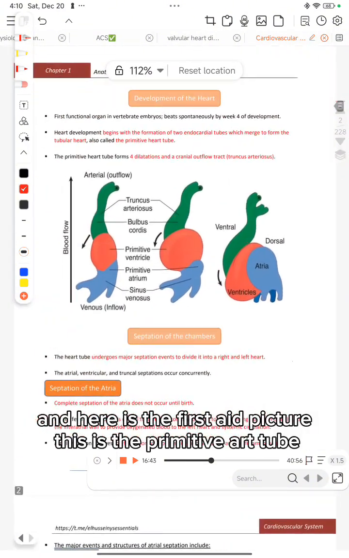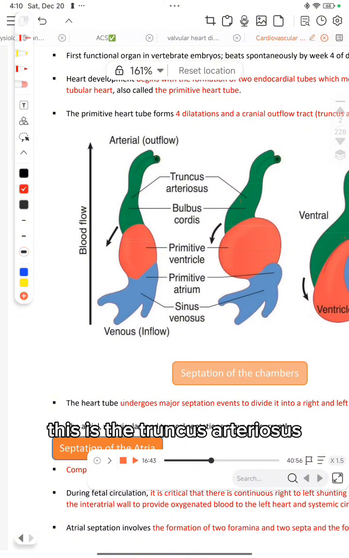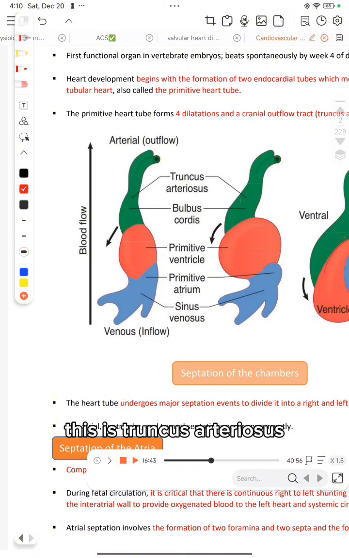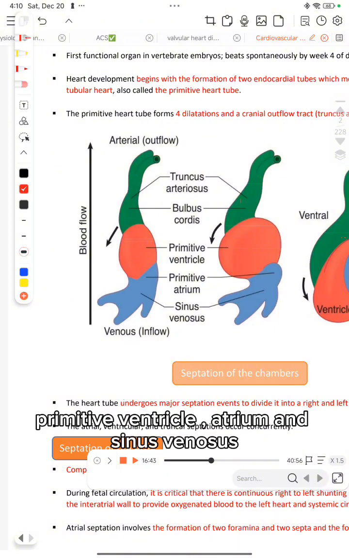And here is the first aid picture. This is the primitive heart tube. This is the truncus arteriosus. This truncus arteriosus will form later the pulmonary artery and the aorta, then the primitive ventricle, atrium, and sinus venosus.